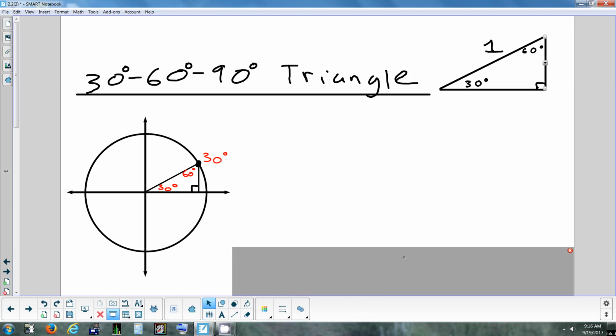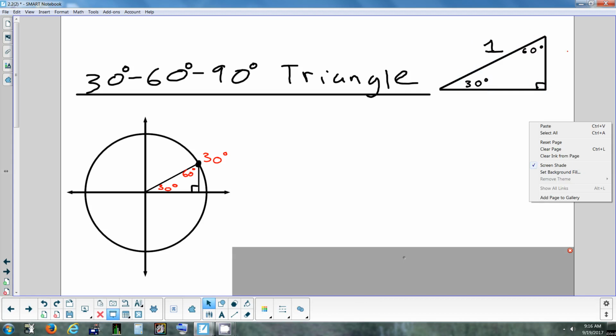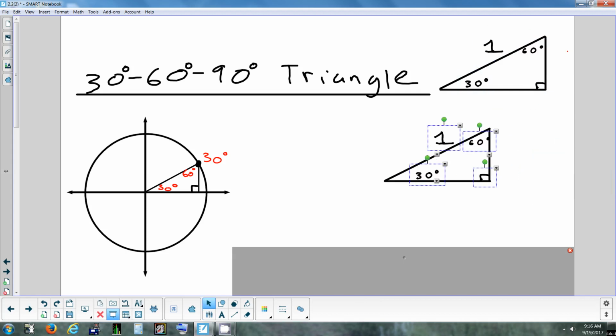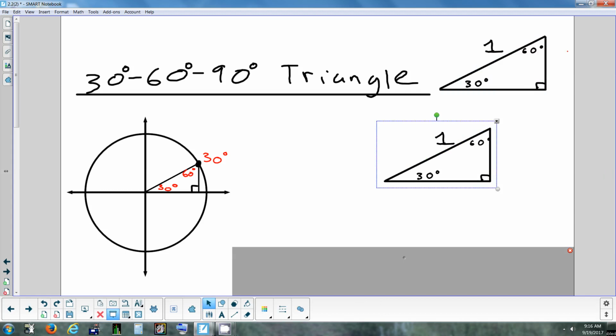So I'm just going to start by seeing if I can just highlight the whole thing. And let's go copy and paste it. I want to see if I can group it all together so it stays together. There you go. Anybody have a guess what I'm going to do with that? All right, I'm going to flip it.